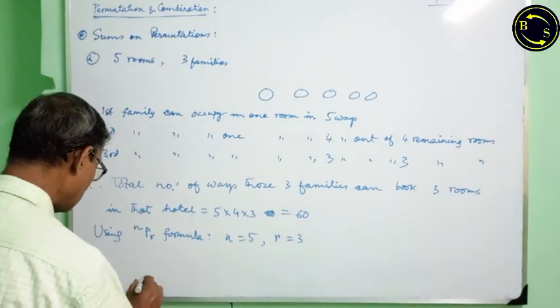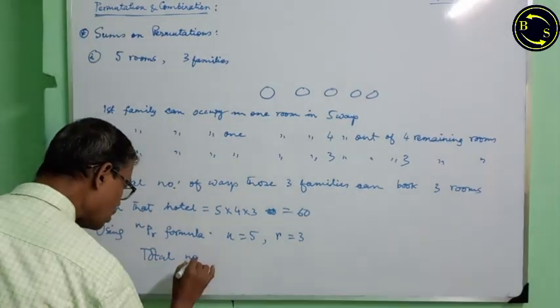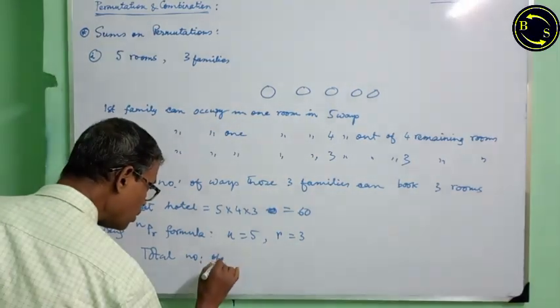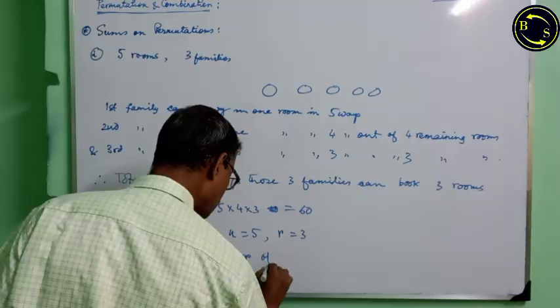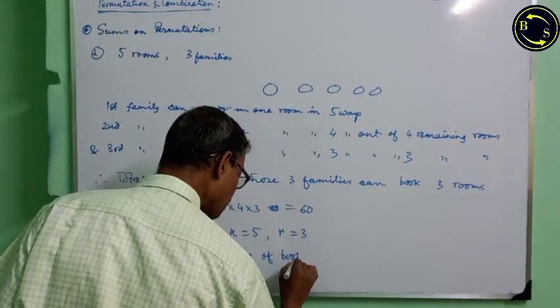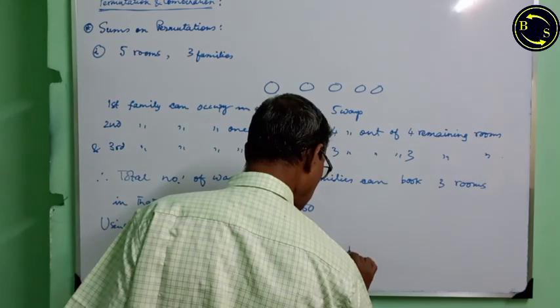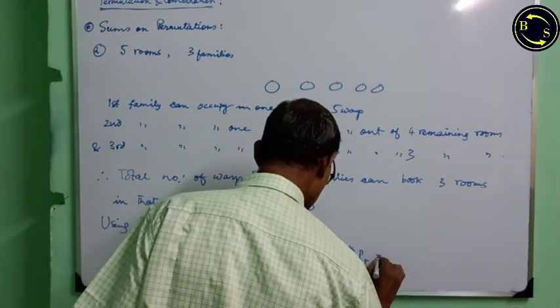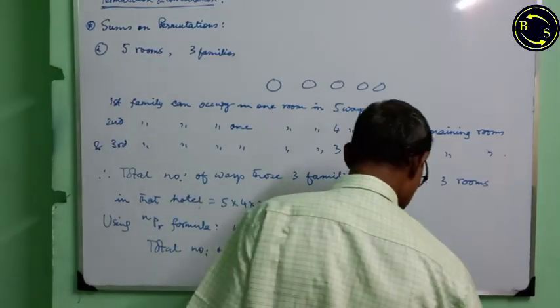Therefore, total number of ways of booking is equal to NPR, that is 5 P 3.